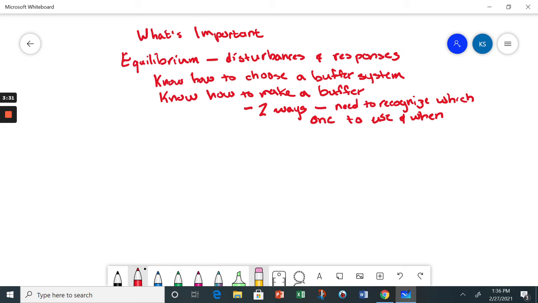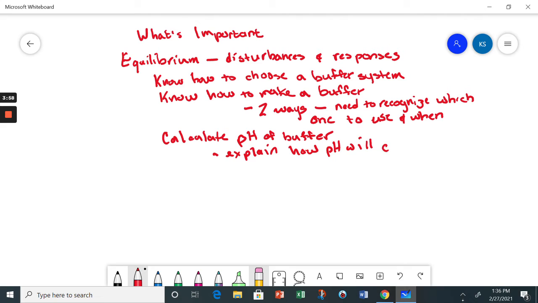Okay, then you need to be able to calculate the pH of a buffer. Now, they don't make you calculate the change in pH, but you need to be able to explain how the pH will change if something's added. How a buffer works.